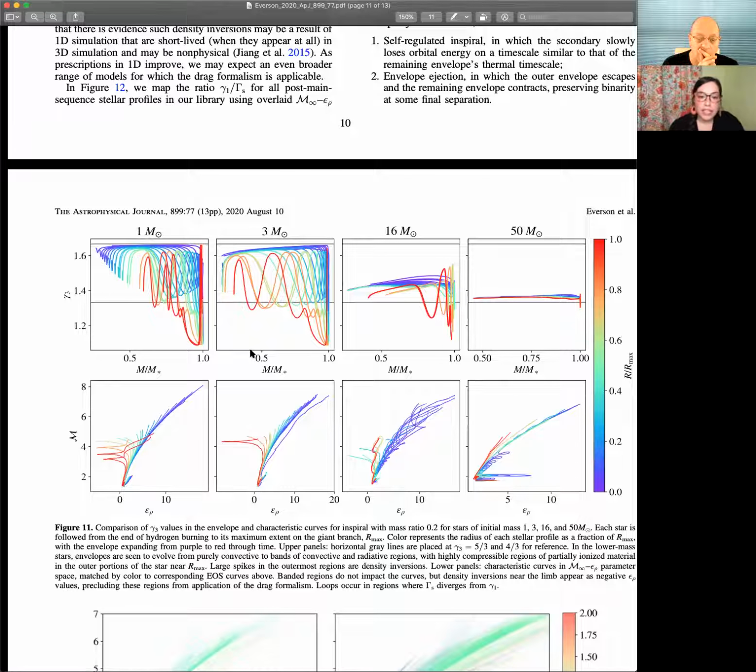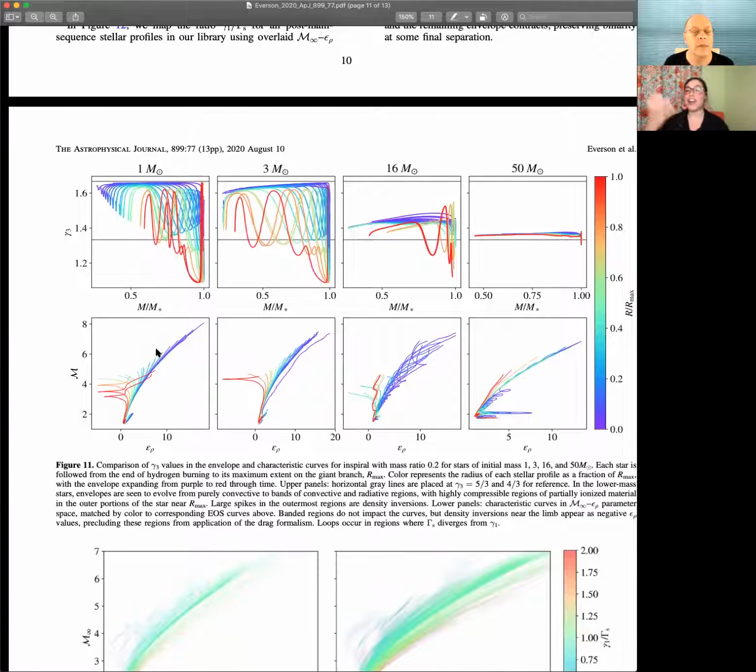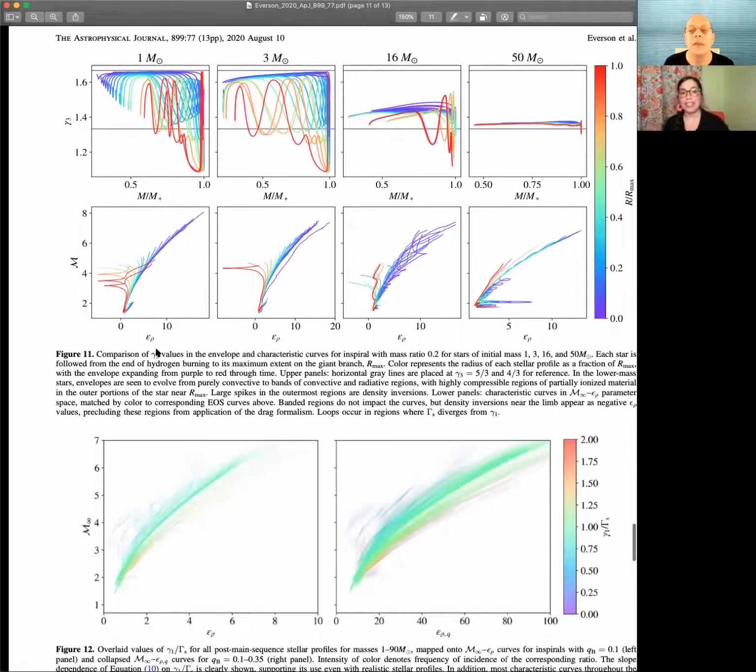So we can see for our characteristic curves, you look at the lower panels, that's our Mach epsilon rho space. And what I've plotted above them, they're just matched color to color. So a red curve at the bottom matches with a red curve at the top. So we're looking at what's happening in the equation of state and when that connects to oddities in our characteristic curve and when it doesn't.